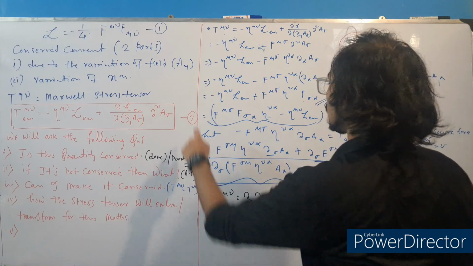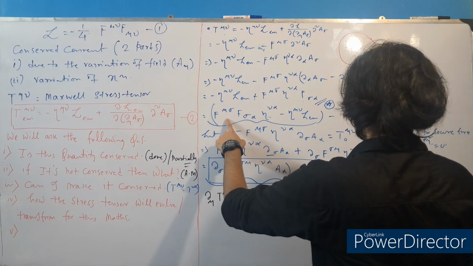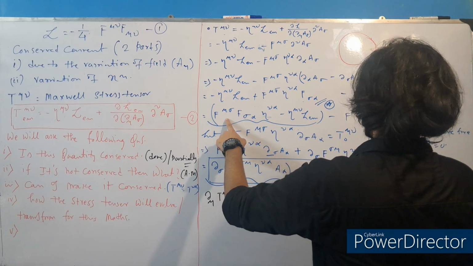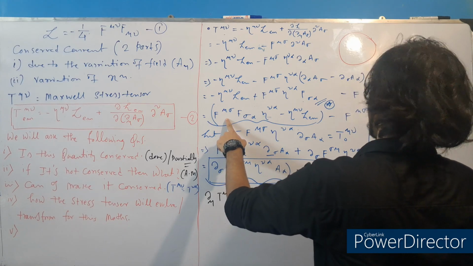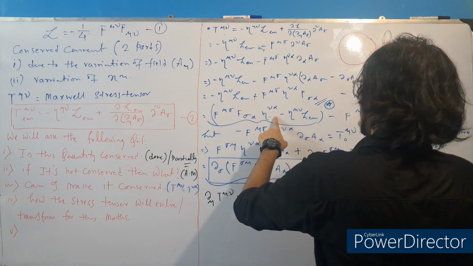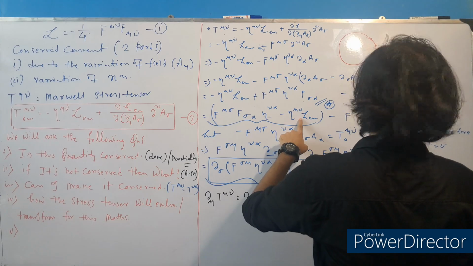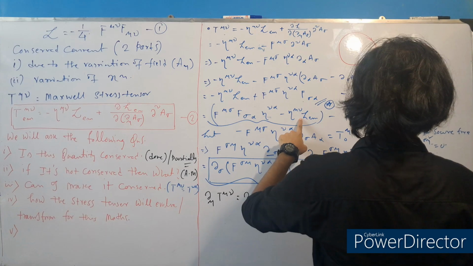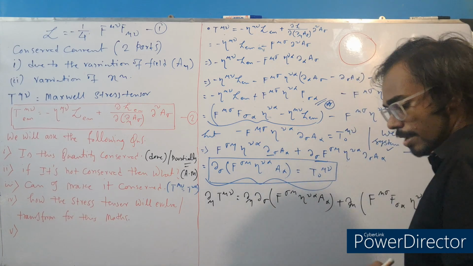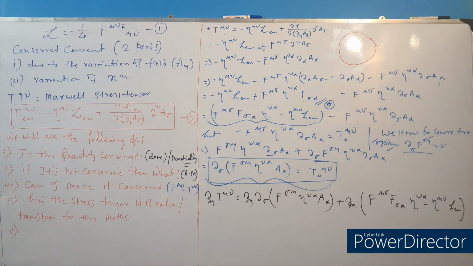Then with a plus sign, del mu f mu sigma f sigma alpha eta nu alpha minus eta mu nu. Okay, I think you guys agree.